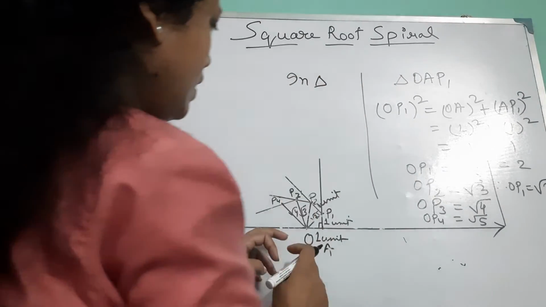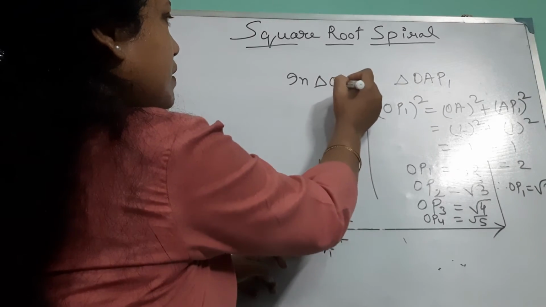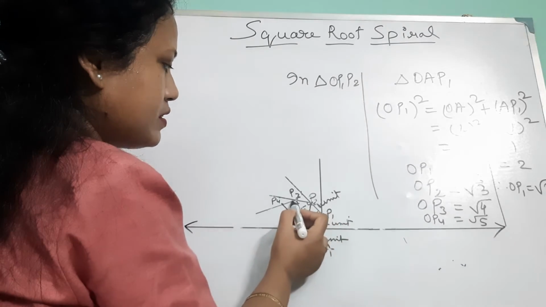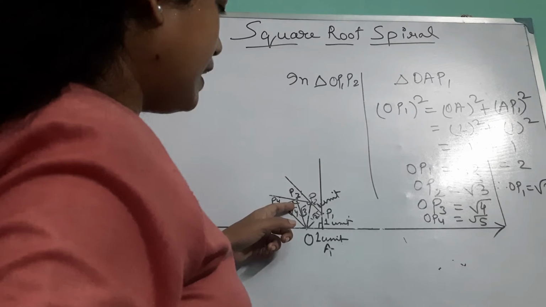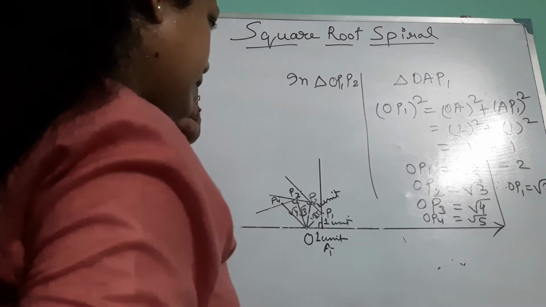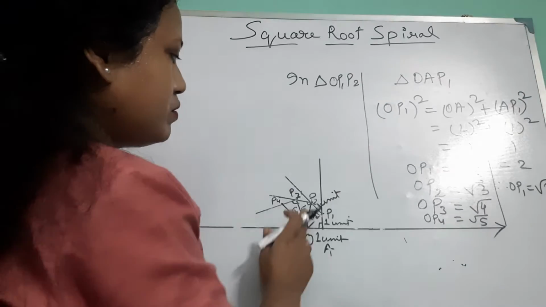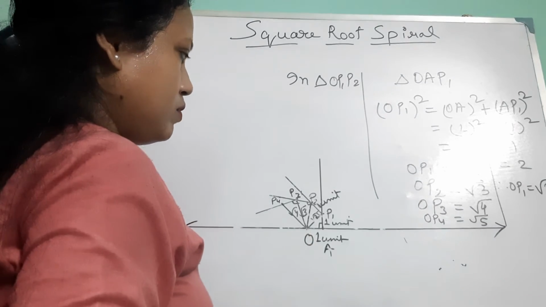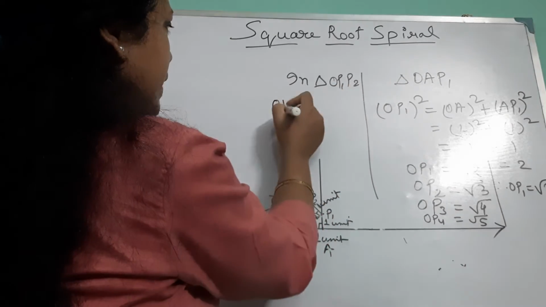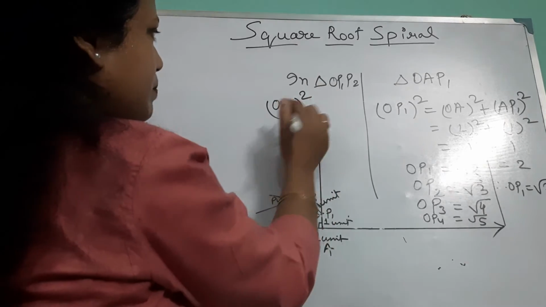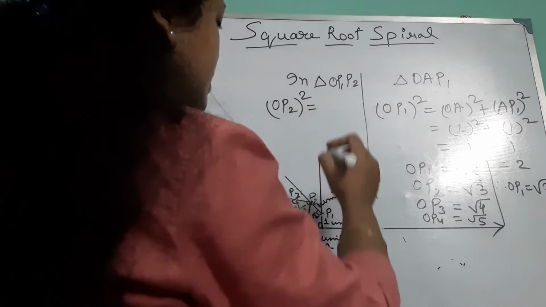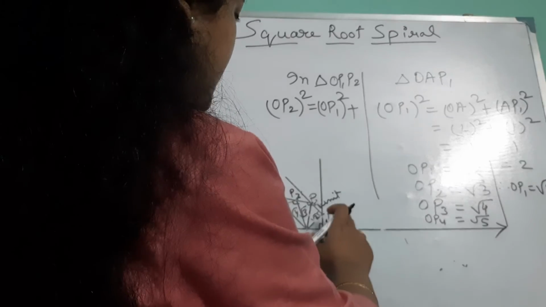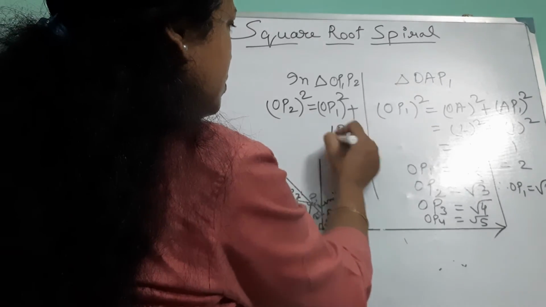In triangle OP1P2, again it is a right angle triangle. All these triangles are right angle triangles because here we have drawn the perpendicular line, that is 90 degrees with the base. In triangle OP1P2, OP2 is the hypotenuse, OP1 is the base, and P1P2 is the perpendicular. So OP2 square is equal to OP1 square plus P1P2 square.